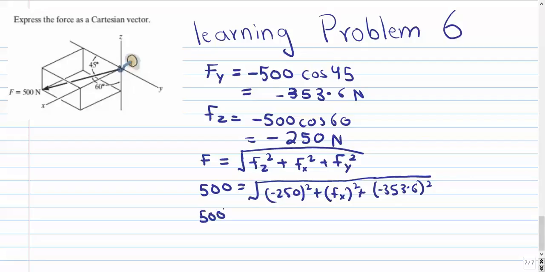Taking the square of both sides, we get 500 squared, and then bringing the negative 250 squared and the negative 353.6 squared to the left side of the equation, we get negative 250. I should just drop the negative sign now, but I'm just writing it down to reduce any possible confusion that might arise.